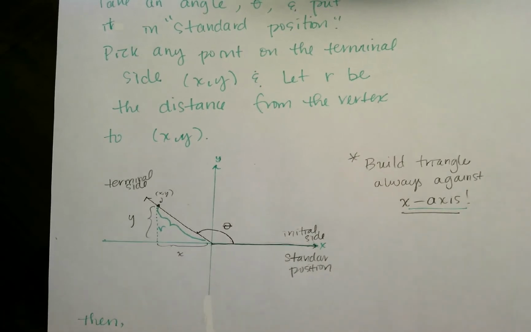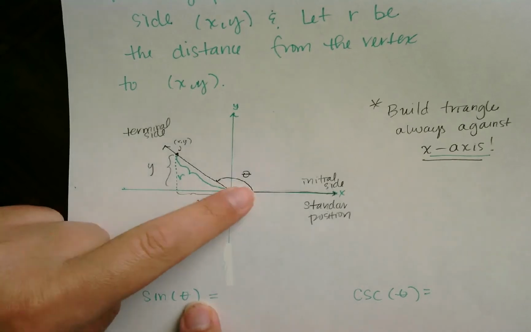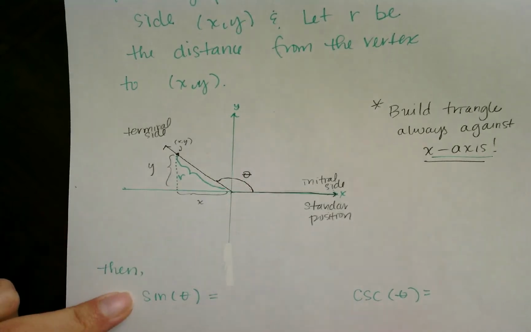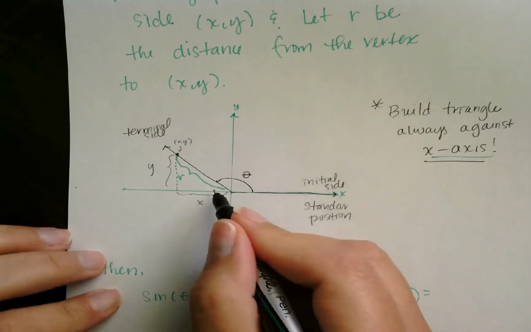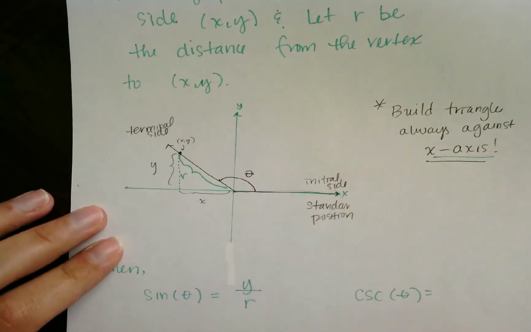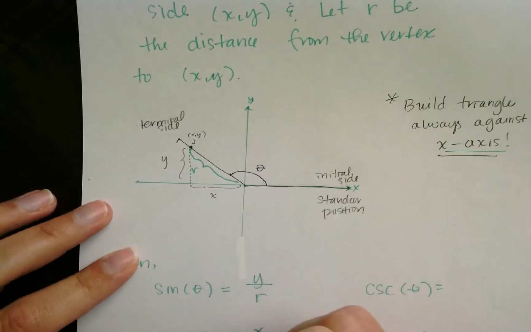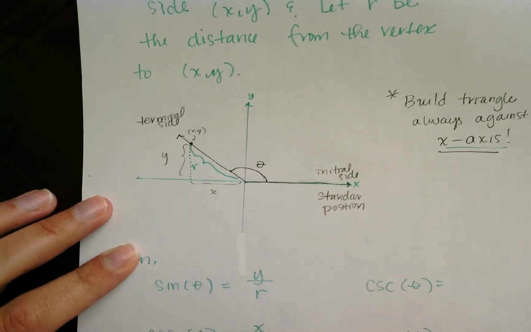Having said that, given all that information, our new trig definitions, according to this xy coordinate system, are: sine of theta, so this is your angle theta, will be equal to y, sine always goes with y, over that r distance. Cosine of theta is the x distance over the r distance.